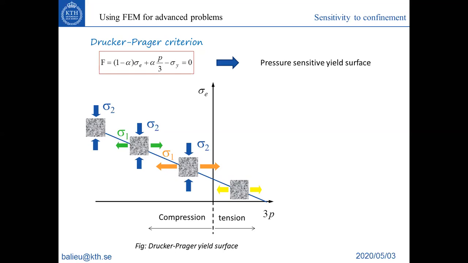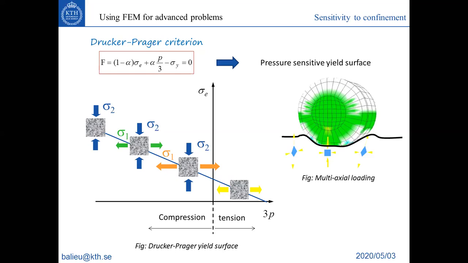So the idea of using an advanced yield surface is to be able to model a more complex stress state. This is the kind of criterion that you must use if you want to model multi-axial loading. So when you load not only in one direction, but when you have a complex loading.